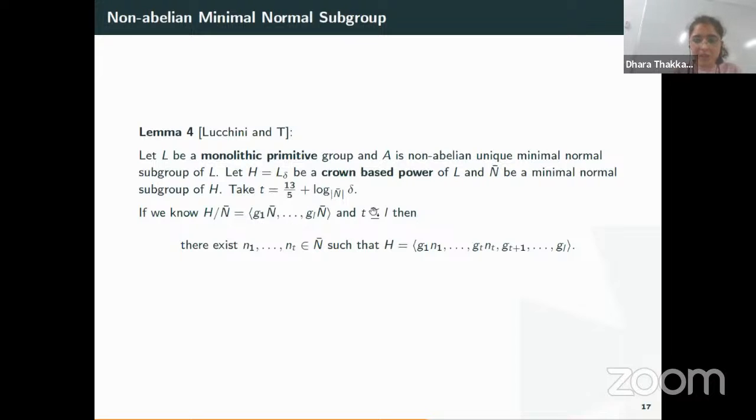So this may help us to design an efficient algorithm, but this is only true when the group H is a crown-based power of some monolithic group.